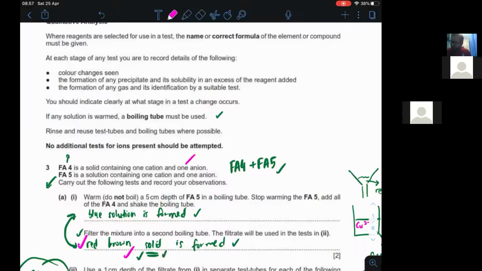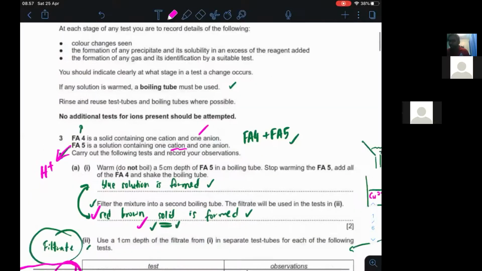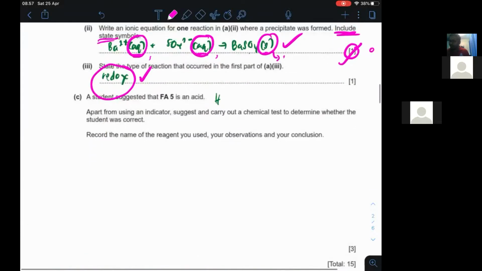Now the student is suggesting that Fa5 might be acid, so the cation the student is suggesting is H plus. Do not use indicator. Suggest and carry out one chemical test to determine whether the student was correct.